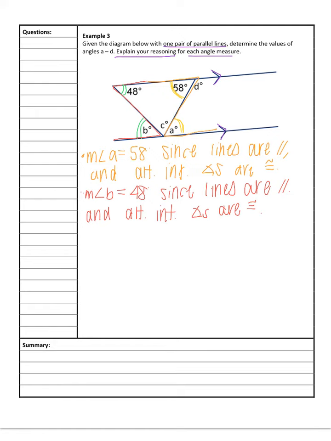Okay? So we found A, we found B. There's two ways right now you could go about finding C. One of them could be the fact that you're noticing A, B, and C are all in a straight line, so they have to add up to 180.